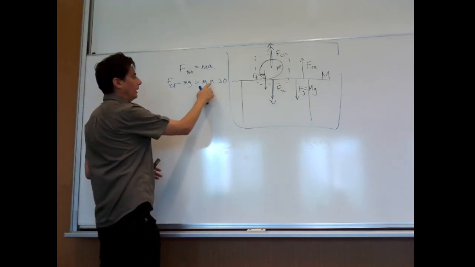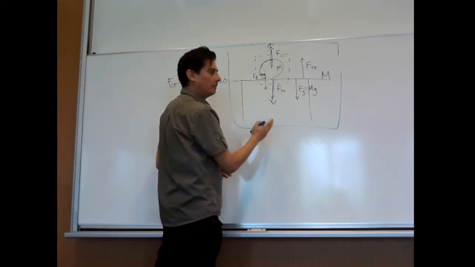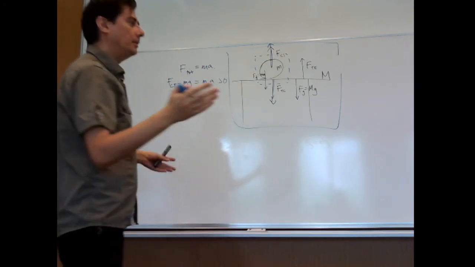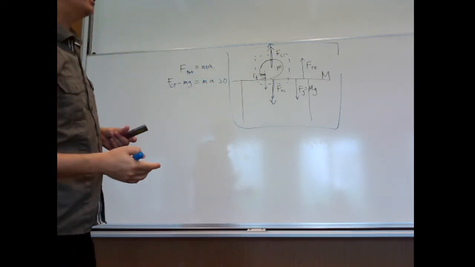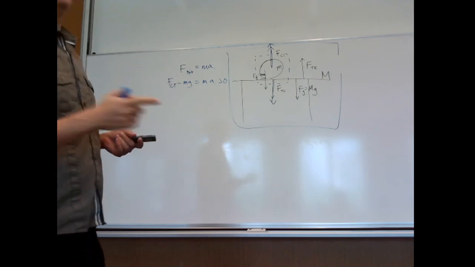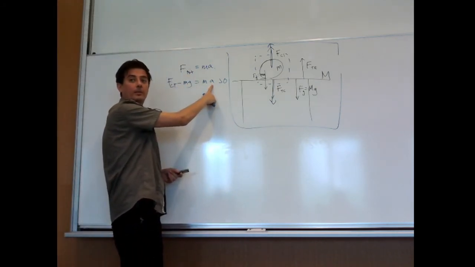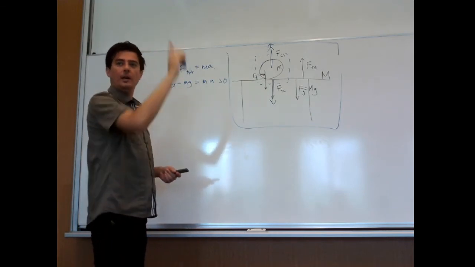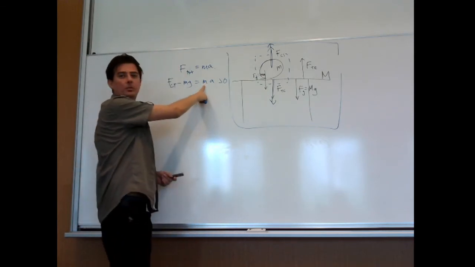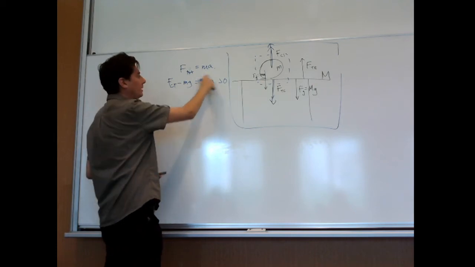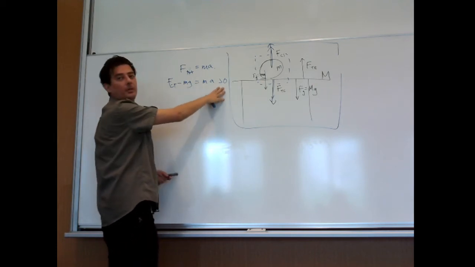The question says it begins to accelerate upwards. So the acceleration is actually a positive quantity, because it's in the upward direction, and the mass is always positive. So this thing has to be some number bigger than 0.